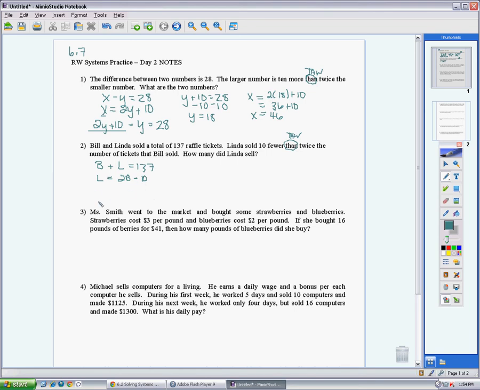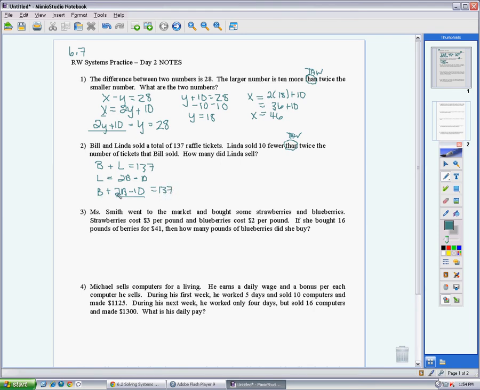Okay, so there's our two equations, and again I've got a variable solved for, so the best way to solve this is going to be through substitution. So I'm going to replace L with 2b minus 10. So here's Bill plus, and here's my substitution, 2 Bill minus 10, equals 137.